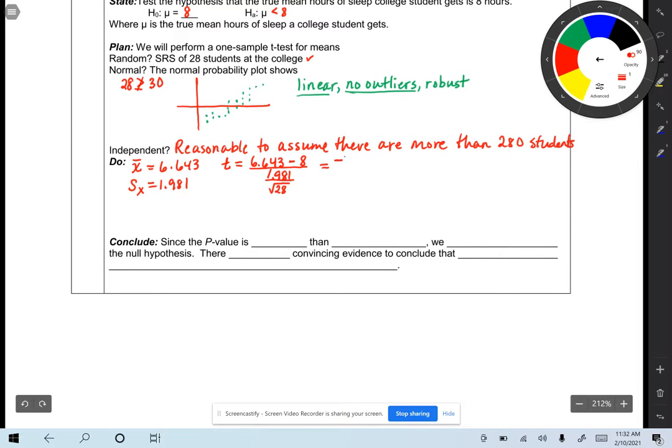Numerator gives me negative 1.357, denominator 0.3744. Our t statistic is negative 3.625. So visually, again, a bad drawing, but right here, again, very small probability of happening.